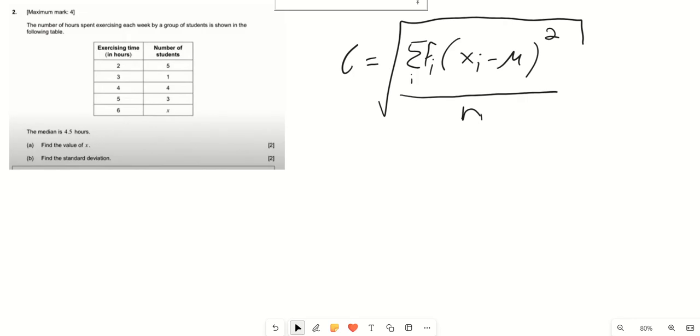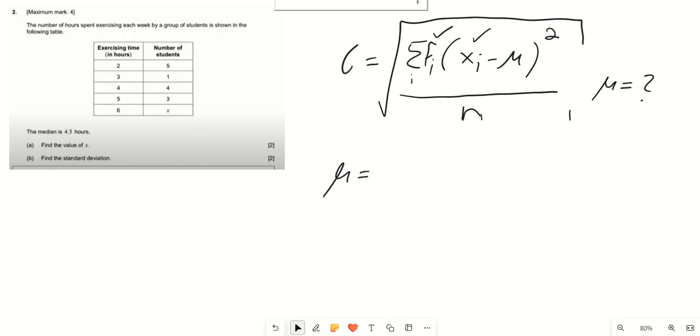So the values of xi and fi can be taken from the table, and they are known. However, the value of mu, the mean, is unknown. So in order to calculate the standard deviation sigma, we must first calculate mu.